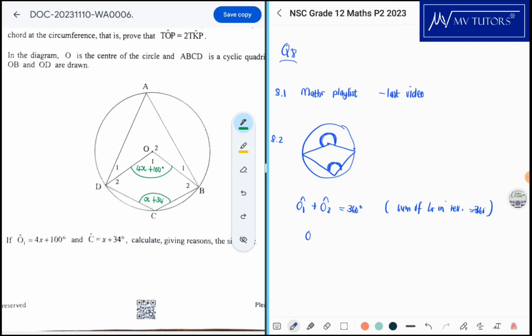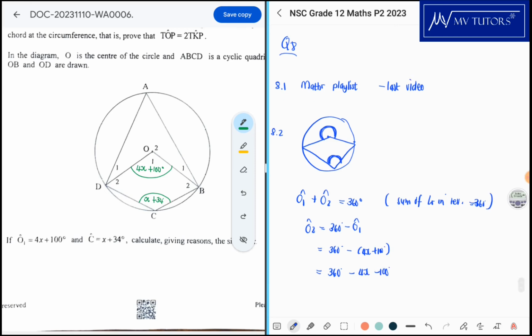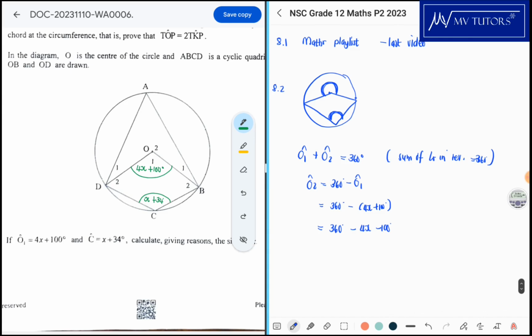So O2 will be 360 minus O1, which is 360 minus (4x plus 100). If I remove the bracket, it's minus 4x minus 100 degrees. Then 360 minus 100 is 260 minus 4x. So that is O2.